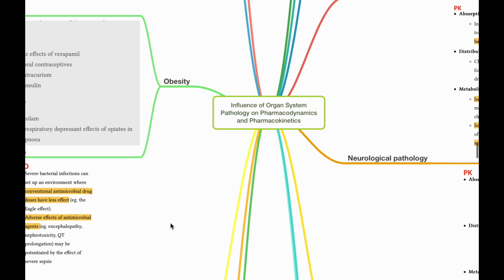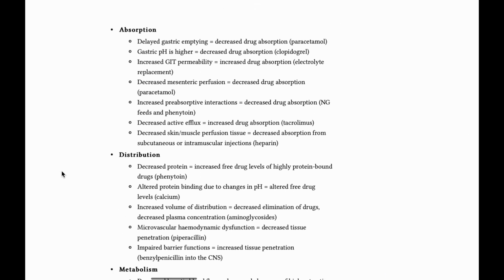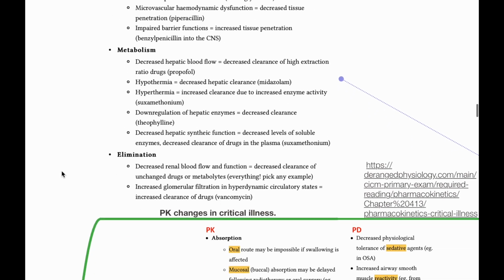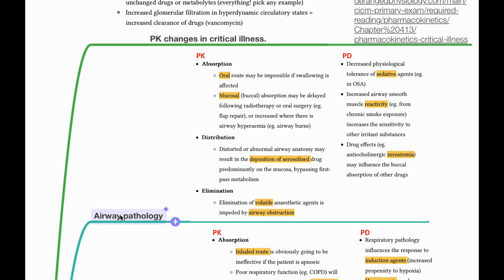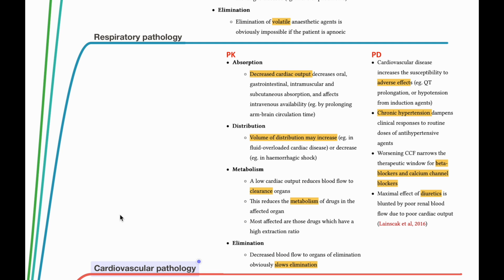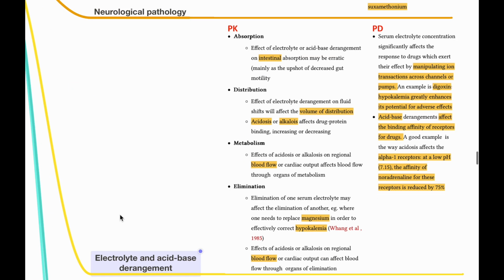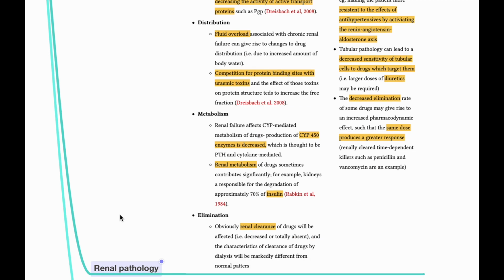For completion, the influence of organ system pathology on pharmacodynamics and pharmacokinetics is included here. Pharmacokinetic changes in critical illness. PK/PD changes in airway pathology, respiratory pathology, and CVS pathology. Neurological pathology. Electrolyte and acid-base derangement. Renal pathology.